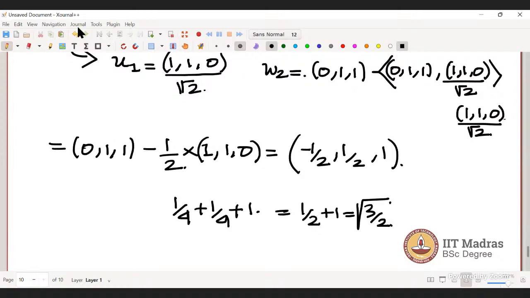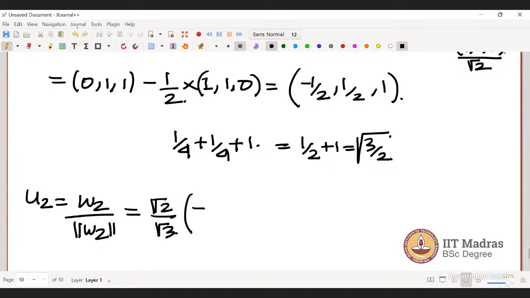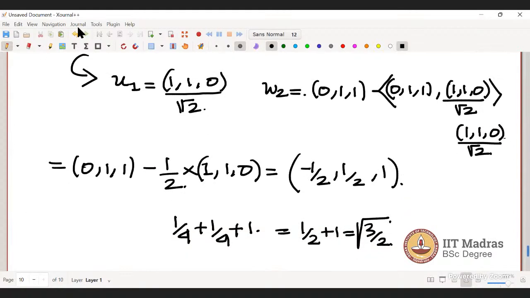Then my U2 is W2 divided by the norm of W2. So this is basically root 2 by root 3. I'm not making any mistake.